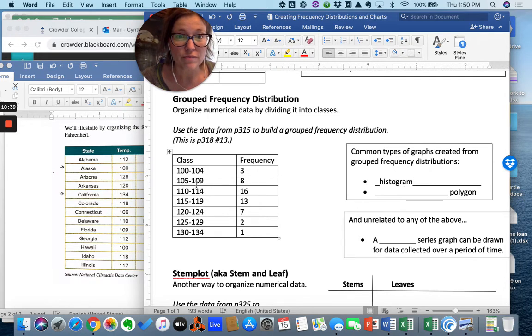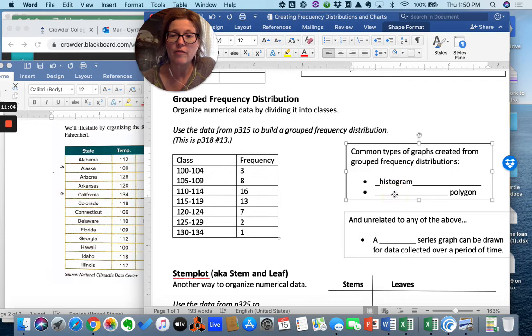These do have an order. This is the smallest. These are the coolest temperatures, then the next coolest temperatures, and the next. The order matters, and they're right up against each other because the boundary numbers are like a boundary of both this and this. So the bars touch each other on a histogram.